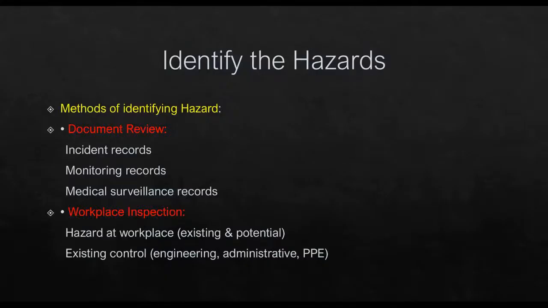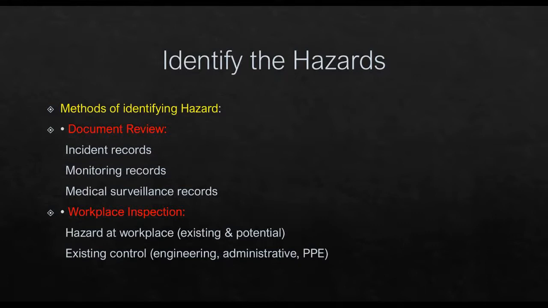And then the methods of identifying hazard. First, by document review. Basically, before we start to identify the new hazard or the existing hazard, we must know the history, the record that was already recorded during the last HIRARC implementation, the HIRARC process.